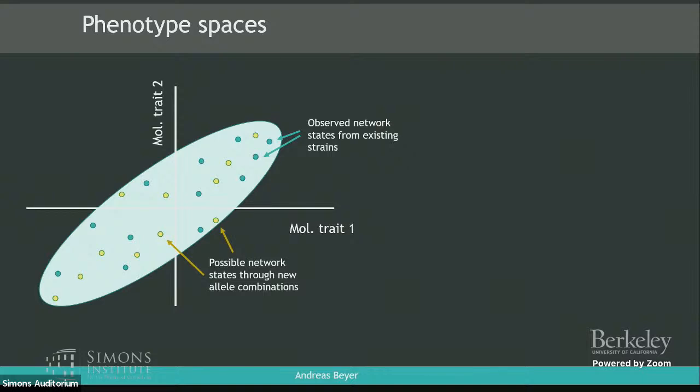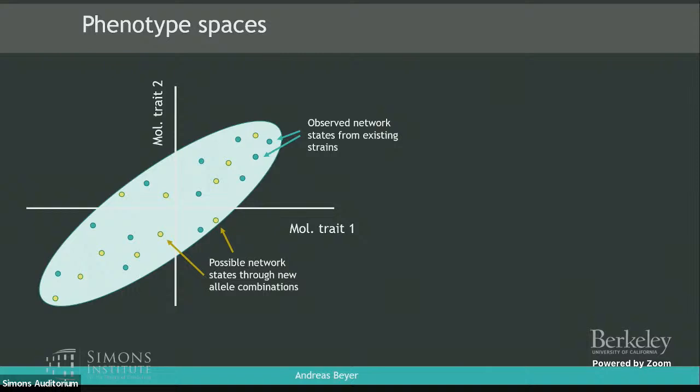So there's selection against those combinations of traits. That further reduces the space of observable combinations of molecular traits that you find when you're looking at natural genetic variation. So you could say that this is kind of a manifold in this high dimensional space, and the network is essentially moving on this manifold when you have genetic variation.